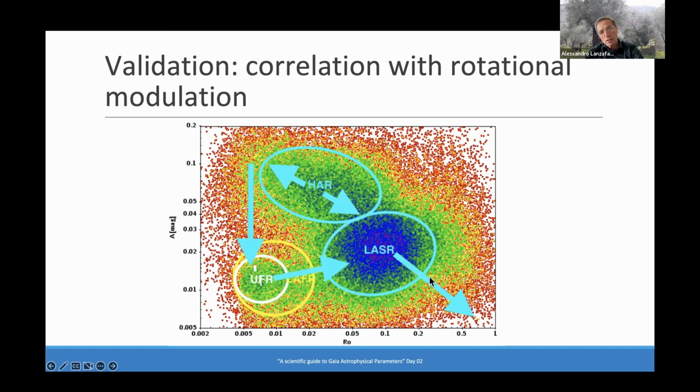This is essentially the non-saturated regime, where rotation and amplitude are correlated, while this part here is the saturated regime, in which the dependence of the amplitude with respect to the period is not very high.